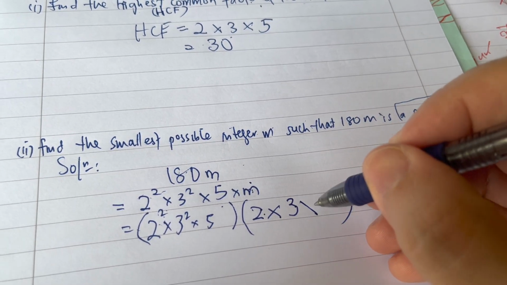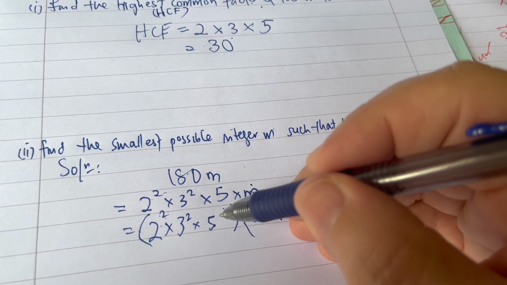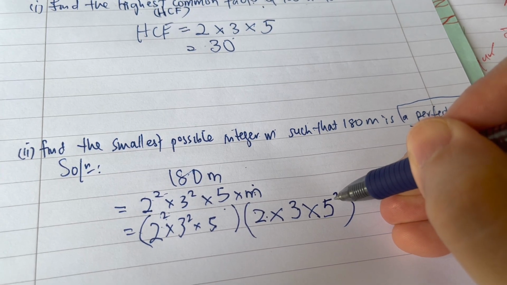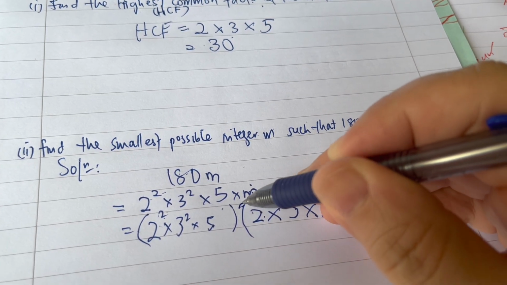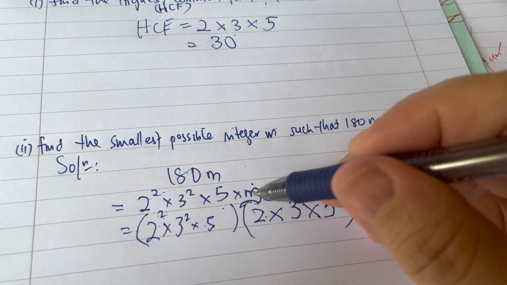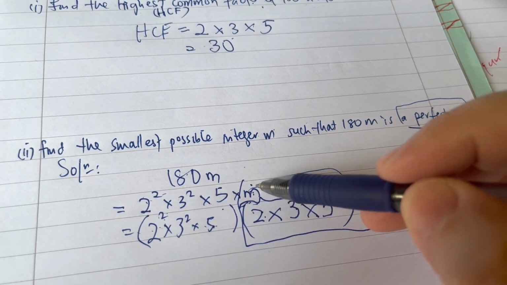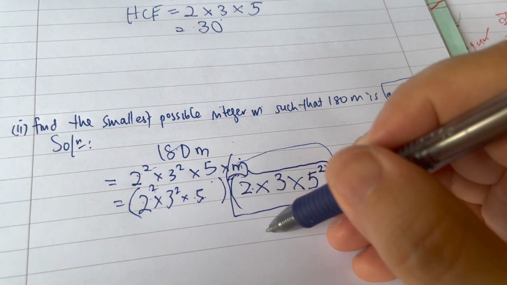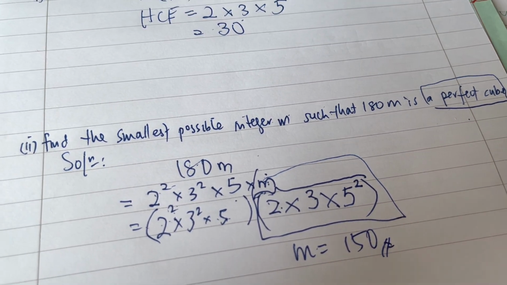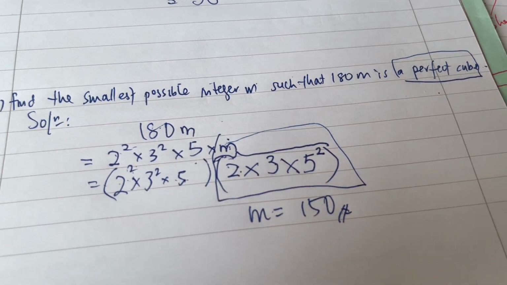And finally for this 5, I need to change it to 5 to the power 3. Now it's 5 to the power 1, so I need to multiply by 5 squared. And that is my answer for m. Can you see that this is actually m? This must be your m. So you press the calculator, and it'll be 150. So that's your answer.